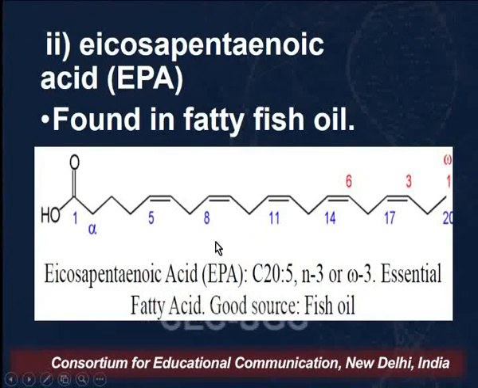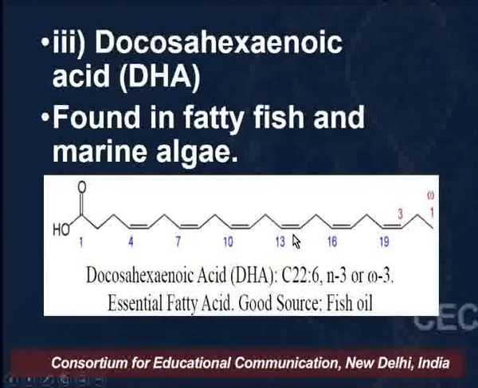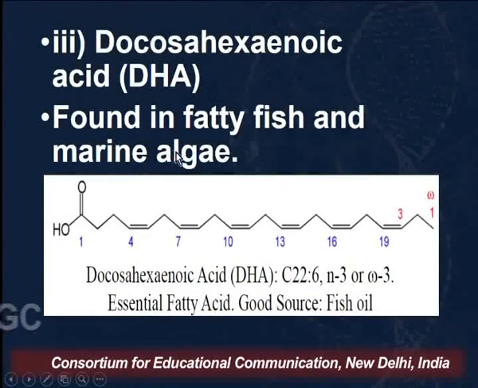It has 5 double bonds, 1, 2, 3, 4 and 5, and it is an N-3 or omega-3, that is the first double bond is at third position when we start the numbering from the omega end.